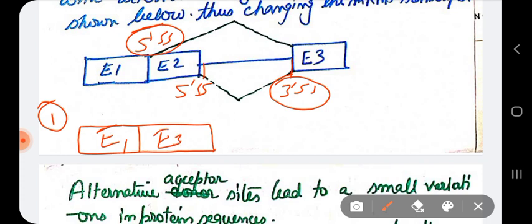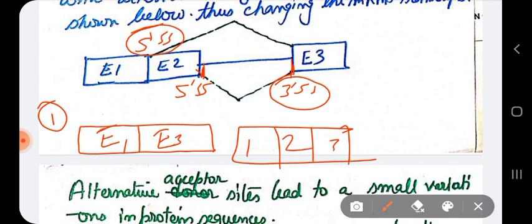But if they use exon number 2 and exon number 3 only, then what will happen, the whole of these exons will be joined because only the intron is removed now.